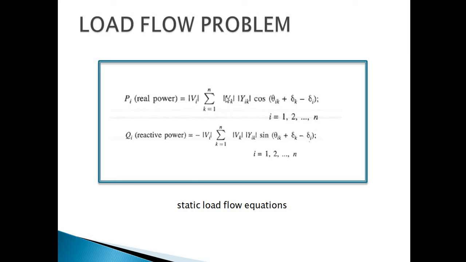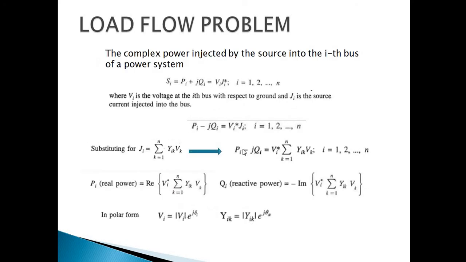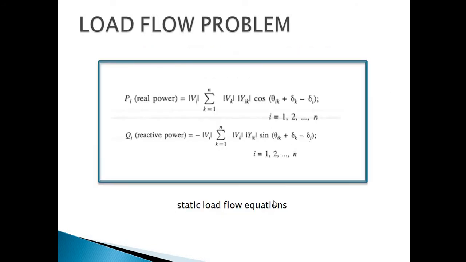These are the voltages at other nodes connected to i, and Yik is the admittance connected between i and k. So this becomes the real power equation, and similarly we will have a reactive power equation. We have this negative sign because we have taken P minus jQi. These are called the static load flow equations.